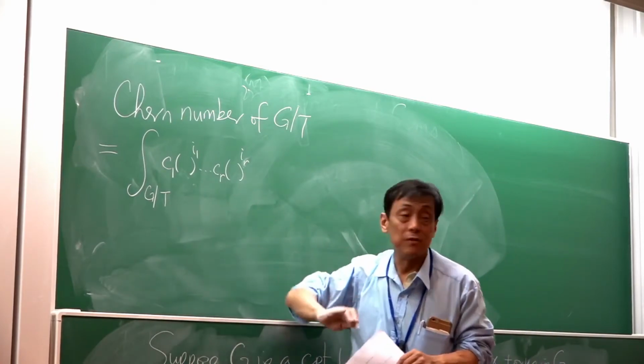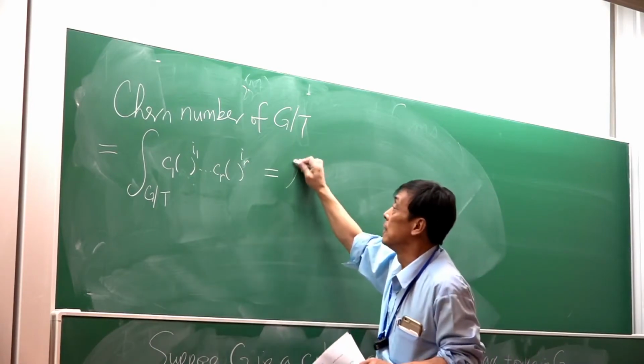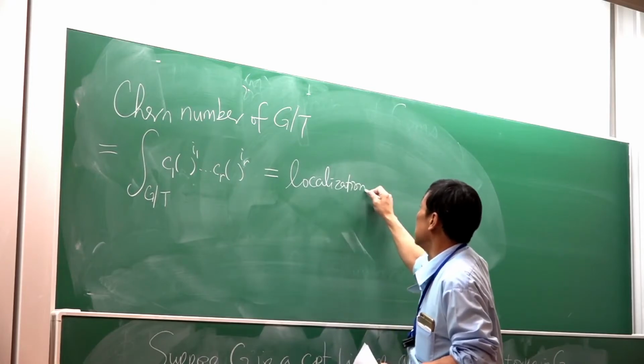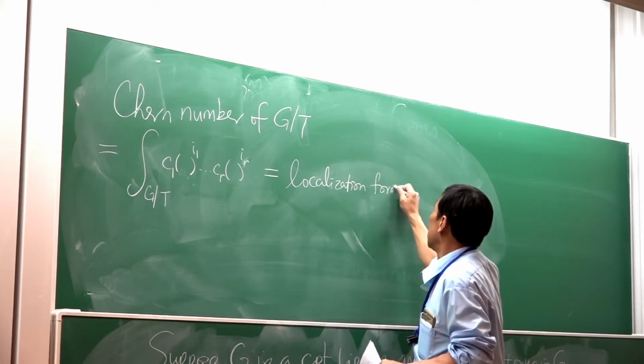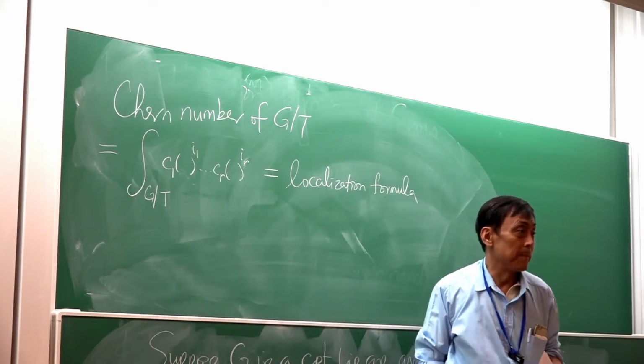Okay, so then you have a Chern number. And you can use the localization formula to compute this integral, okay?